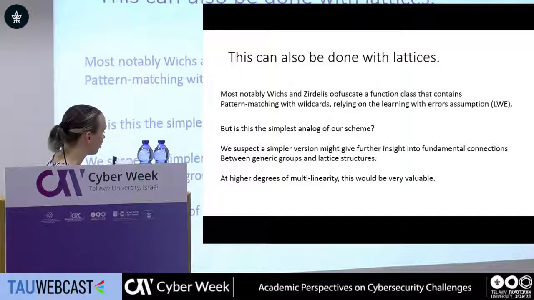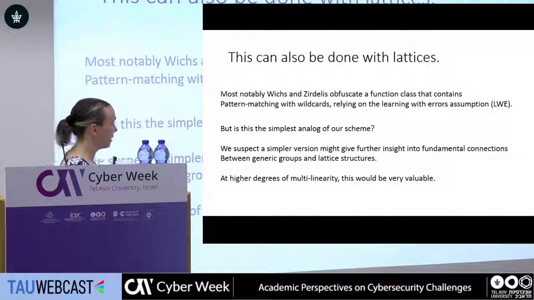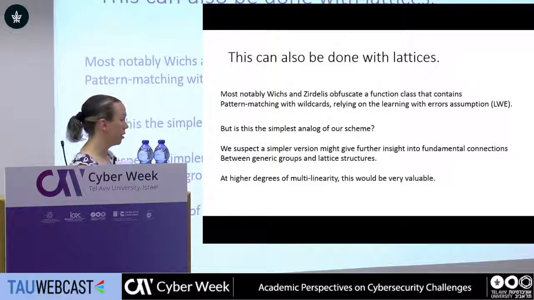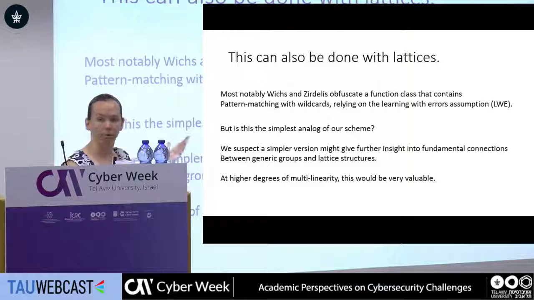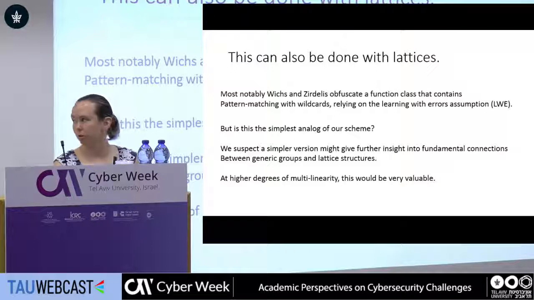And if we could bootstrap this to higher degrees of multilinearity, we'd start to chip away at this bigger problem of obfuscating all functions, where we need to hide higher degree functions and separate, say, degree 2 computations from degree 3 instead of degree 1 from degree 2, which remains an open problem in more standard lattice-based structures.